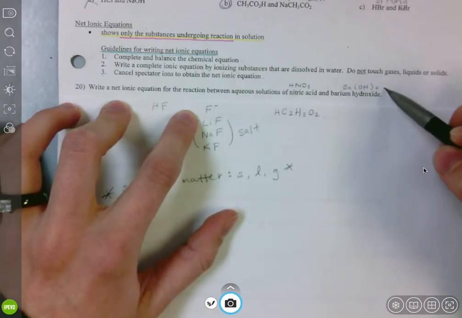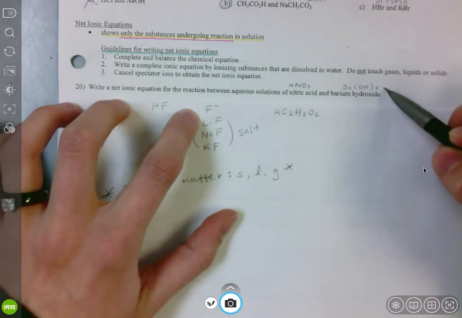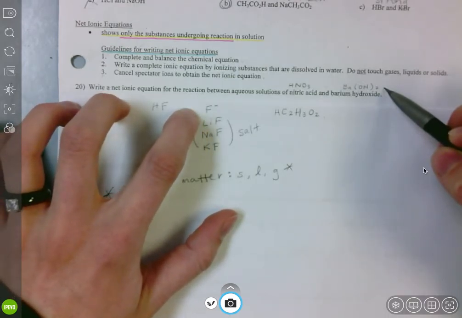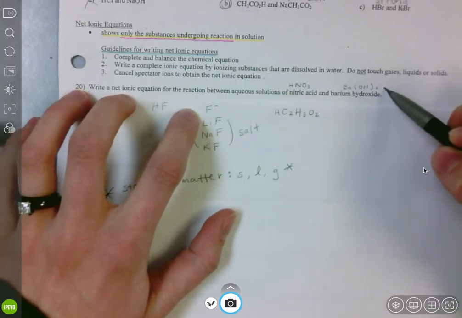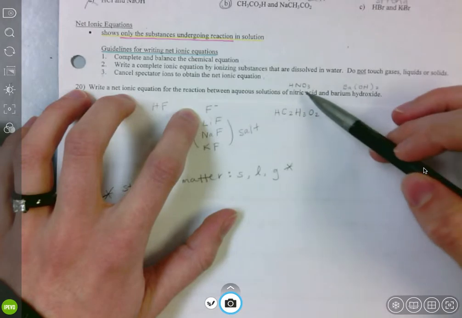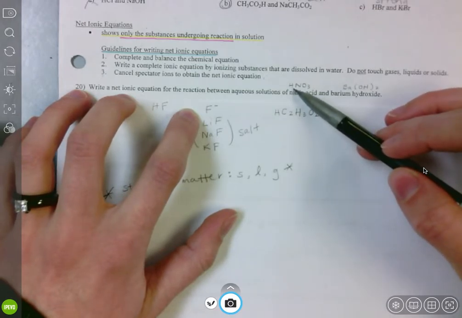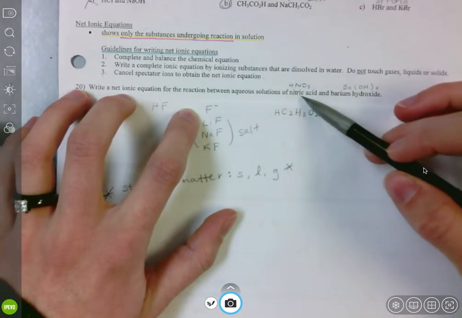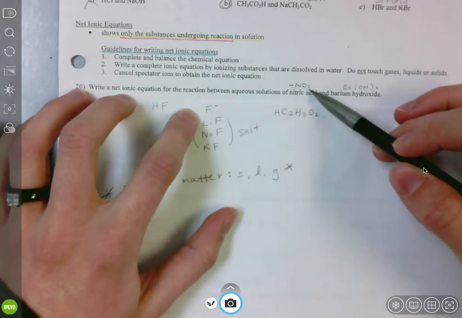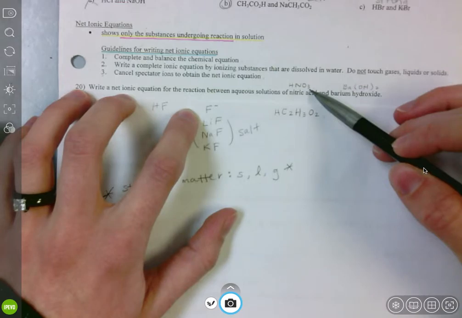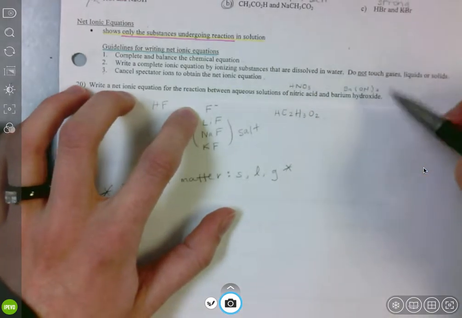This is going back to, I believe, chapter 8, where we were talking about chemical reactions and writing a chemical equation from the names of our reactants. So nitric acid, it's an acid, so we have a hydrogen out in front. We have an ic acid ending, so that means we had an ate ending in our polyatomic ion, so NO3 is nitrate. So HNO3 is nitric acid.